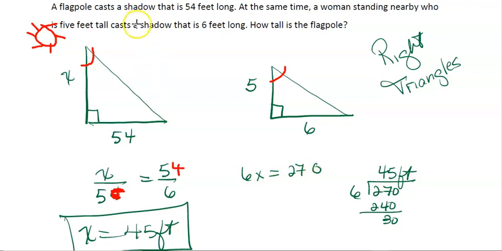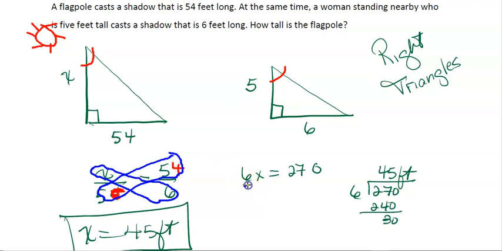So if I'm doing cross product, so here I'm going to change my color. Okay, so I have this. 6 times x is 6x times this. 5 times 54 is 270.